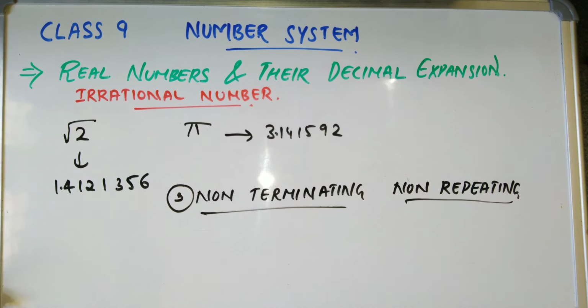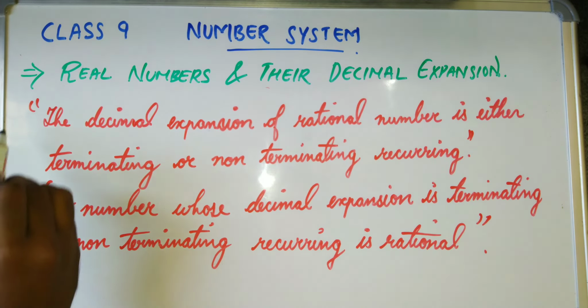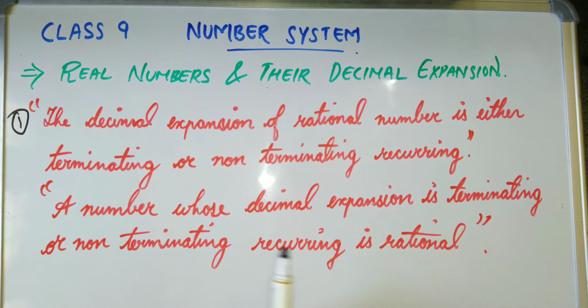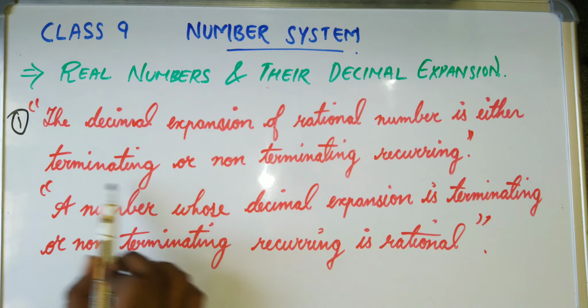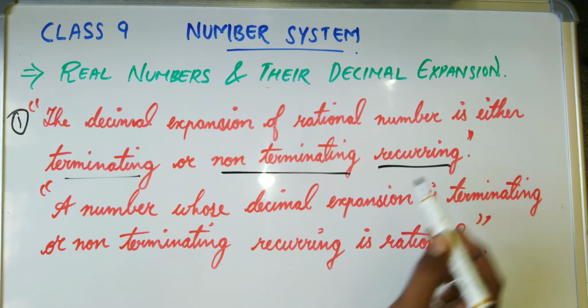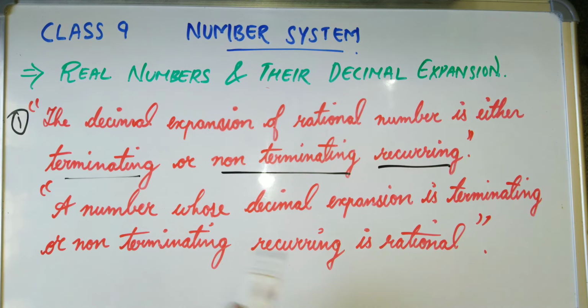So I'll give you the last statement, that we have two conditions. Here is the first condition: the decimal expansion of a rational number is either terminating or non-terminating recurring. Recurring means repeating only.